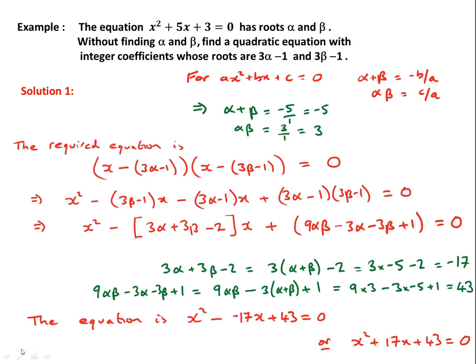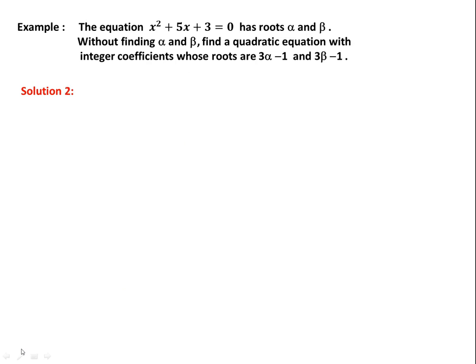Now there's a completely different way of answering this question. We've got exactly the same question, and all we're going to do is introduce a new variable, we'll call it y, which is equal to 3x minus 1.